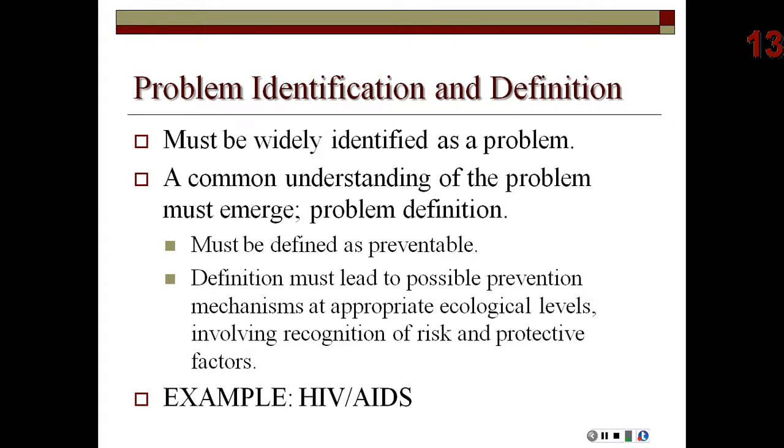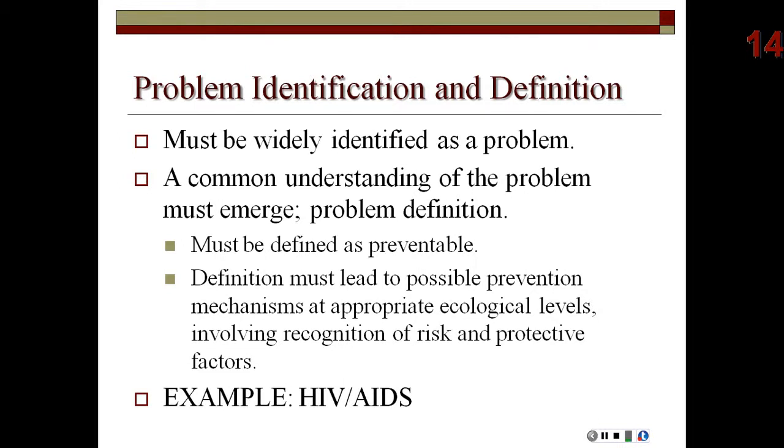So a problem must be widely identified as a problem in order to be really understood as a problem, and it also must be identified as being able to be prevented, right? So poverty is one of those that is a problem that has a lot of issues, because while many people understand that it is a social problem and it is identified as a social problem, a lot of people think that it can't be prevented.